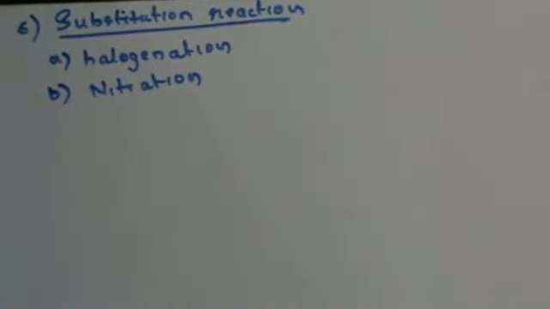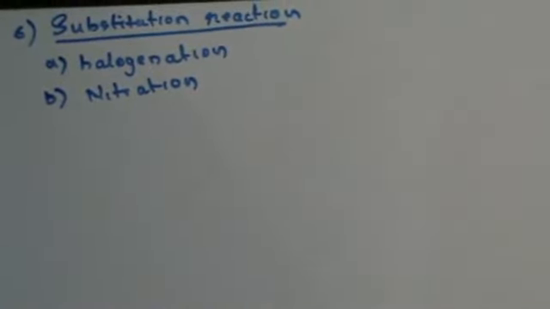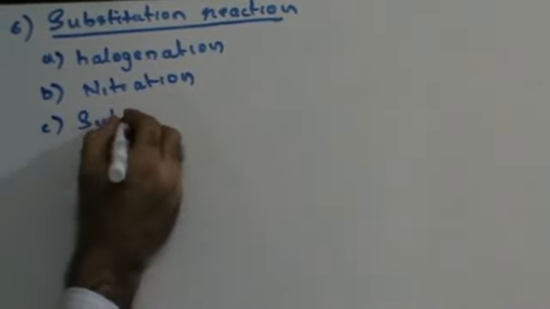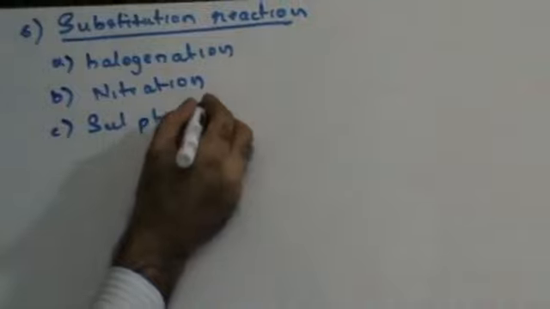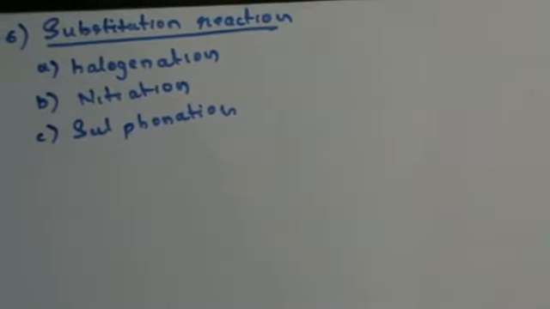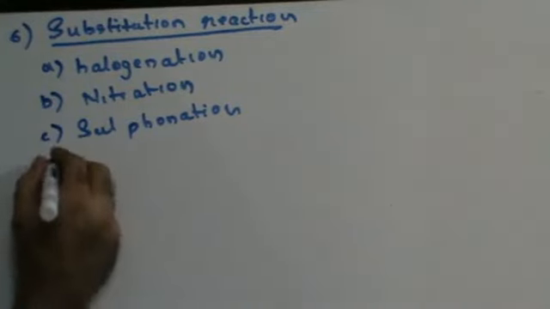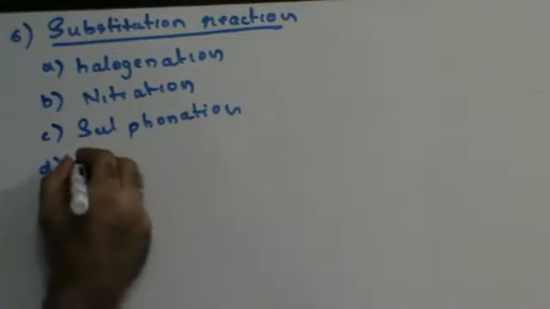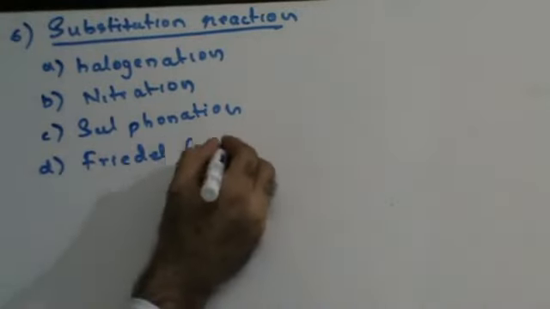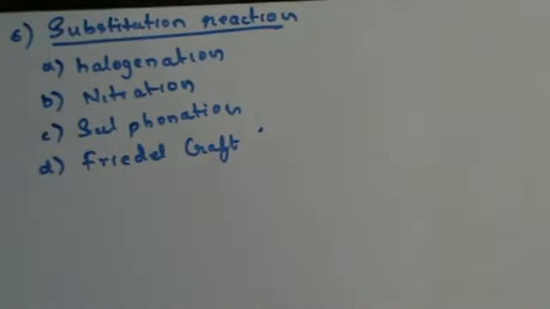That's the second substitution reaction that you have. Third, you have is sulfonation. And the last you have in substitution is called as Friedel-Crafts reaction. So these are the 4 substitution reactions that benzene undergoes. Let's try to see each one of them in detail.